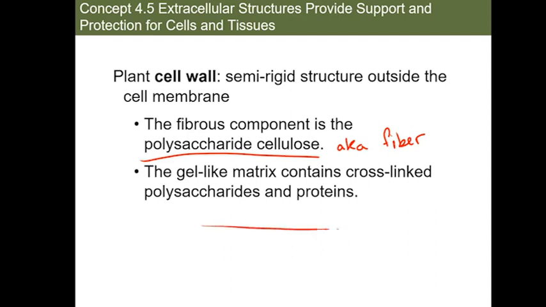So the cell wall is made up of protein and the sugar building blocks. Proteins in between. And there's some gel-like stuff in between because it absorbs the liquid.